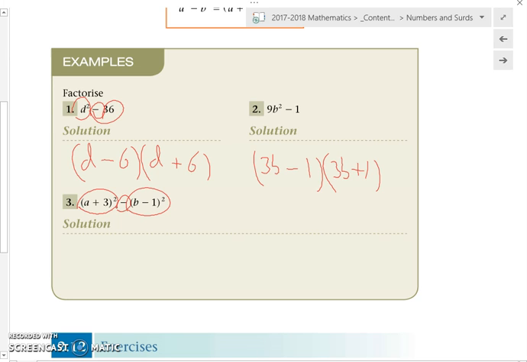Well, how would you write it? A plus 3. What's the square root of a plus 3? Sorry, what's the square root of a plus 3 squared? Cool. What's the square root of b minus 1 squared?